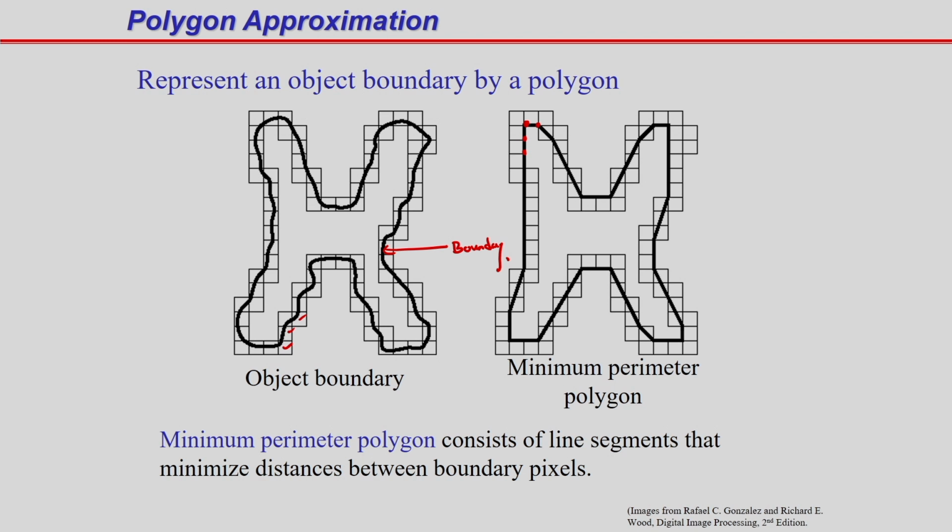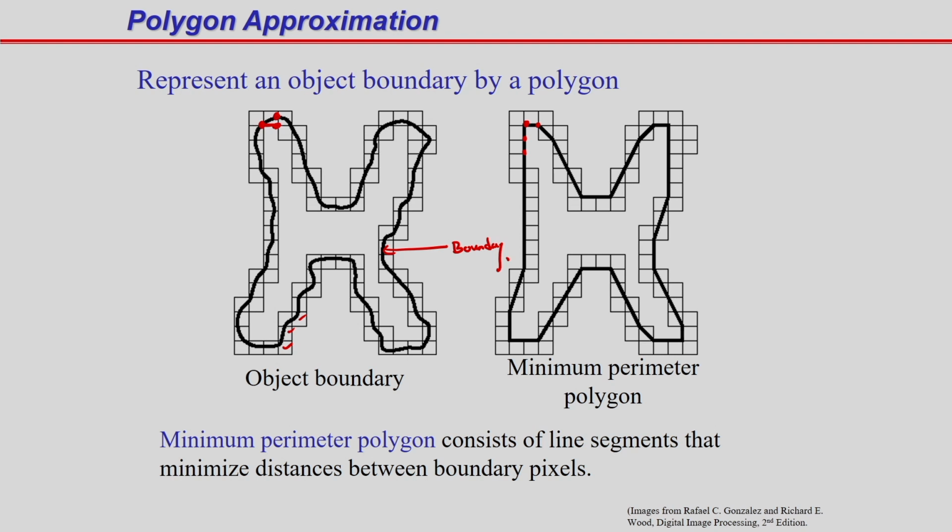I am considering the line segments that minimize the distance between the boundary pixels. Corresponding to this boundary, if you see these 2 points, what will be the minimum distance between the boundary pixels? The minimum distance will be this.